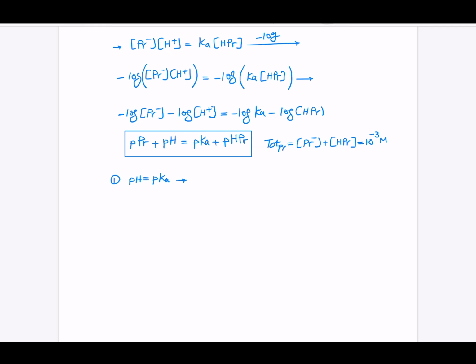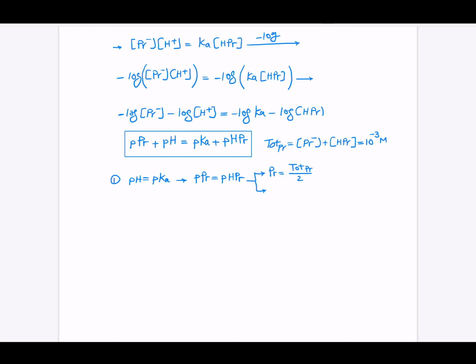So what we end up having is pPR is equal to pHPR. So that means the individual concentrations are the same. So what we get here is, for example, PR is equal to half of the total PR, right? The concentration is the same, so it's going to be just half of what we originally had at the point that pH is equal to pKa.